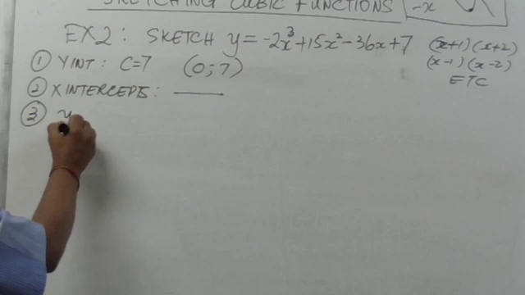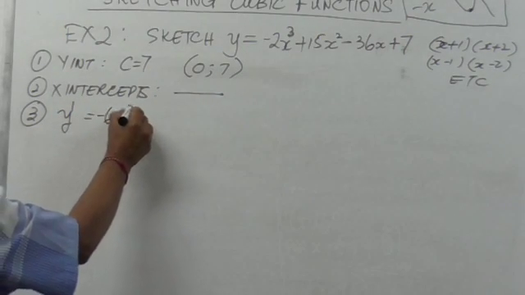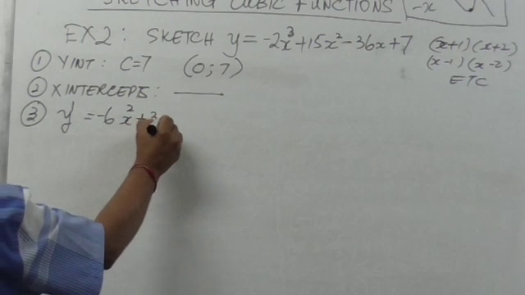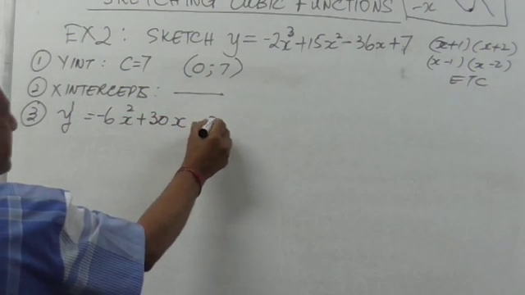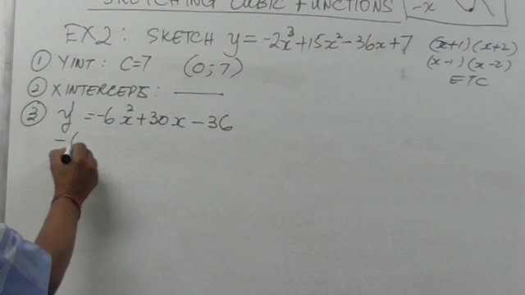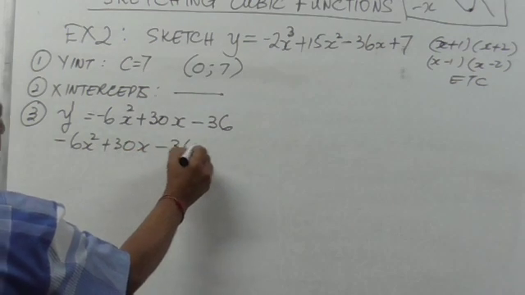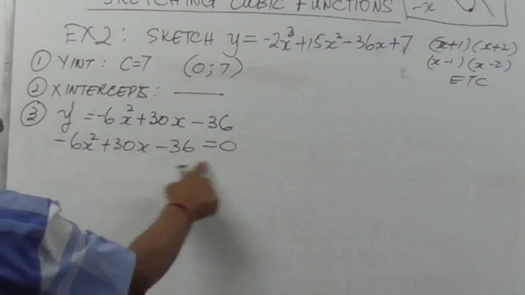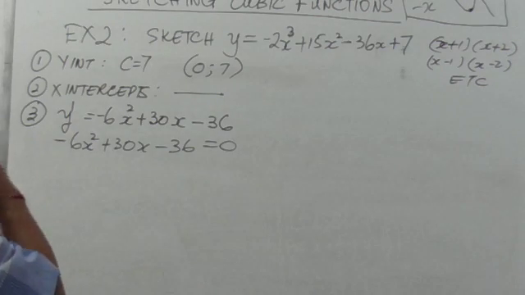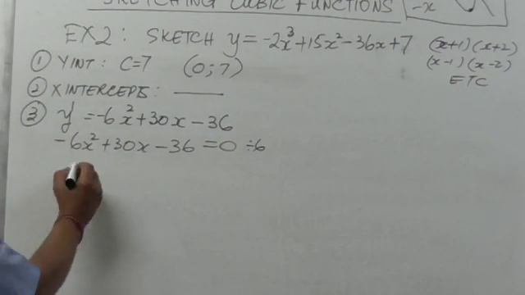So the derivative y prime is equal to negative 6x squared plus 30x minus 36. Now you must make it equal to 0. Negative 6x squared plus 30x minus 36 is equal to 0. You can divide by negative 6 throughout to make your life easy.